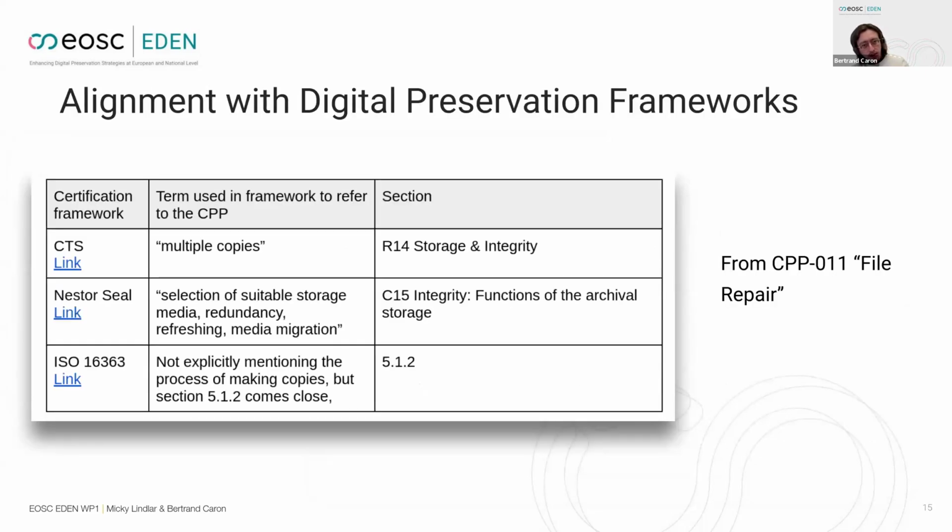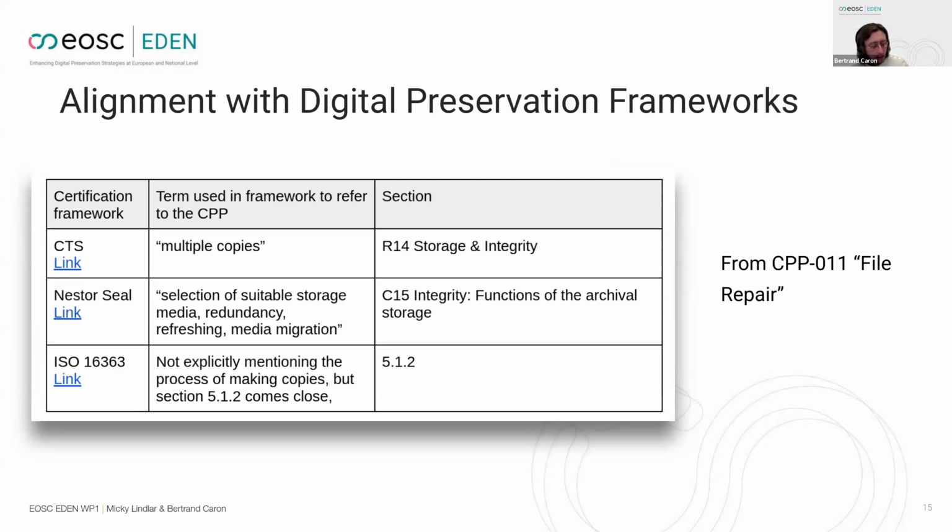Next section is alignment with digital preservation frameworks. Oh, sorry, there's an error here. CPP 11 is about replication, and here you will see how certification frameworks are referring to this process.